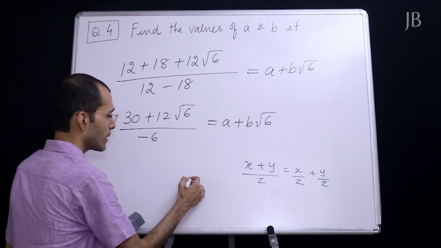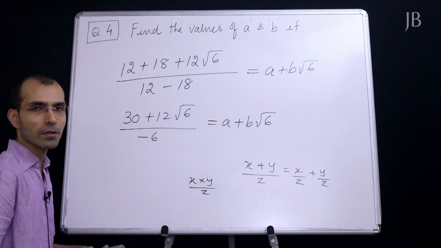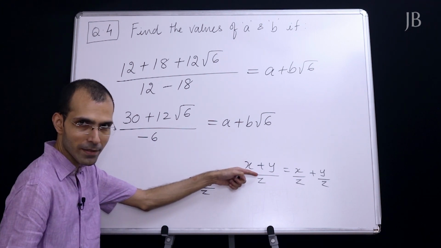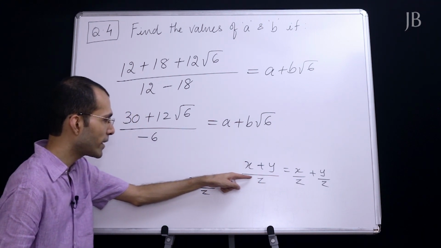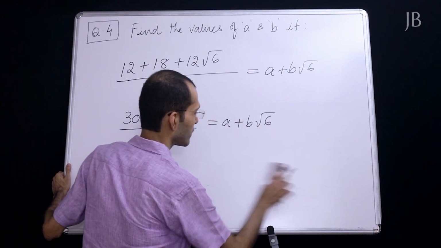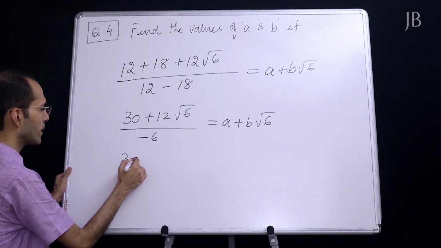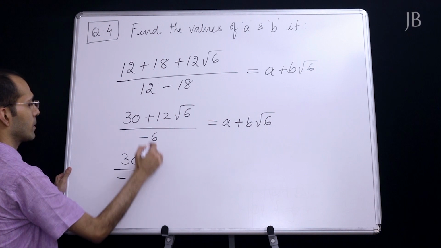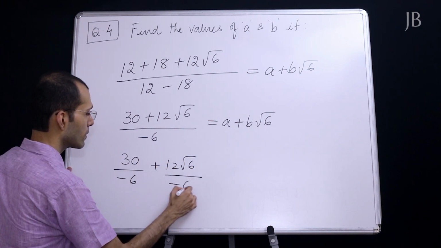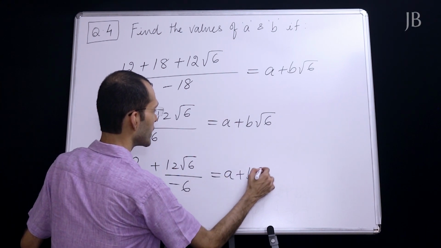But if there was x into y upon z, then z cannot be given to both. Then z will have to be given to one of the two terms. But if it is plus or minus, and if it is full divided by z, then z can be given to both the terms. Okay, so this would be 30 upon minus 6 plus 12 root 6 upon minus 6 is equaling a plus b root 6.